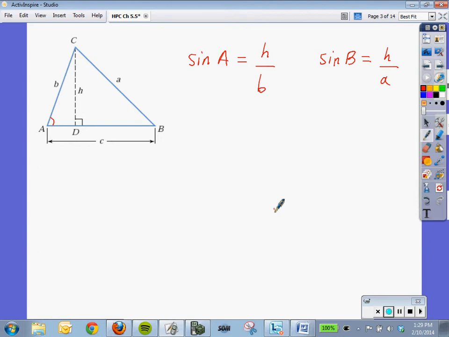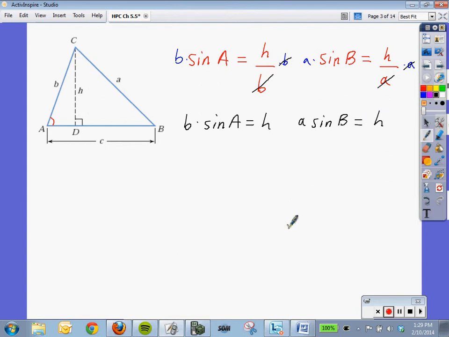From here, we're going to go ahead and isolate the h value with both of these equations. We're going to multiply both sides by a. And on this equation here, we're going to multiply both sides by b. And that gives us the b's crossing, the a's crossing, and now we have b times the sine of A is equal to h, and a times the sine of B is equal to h.